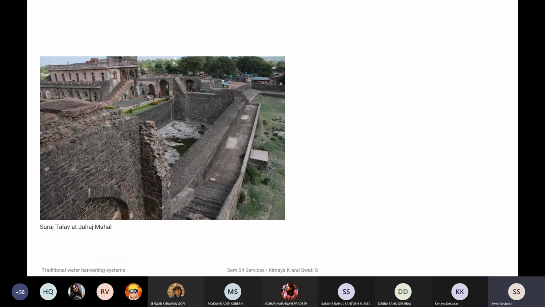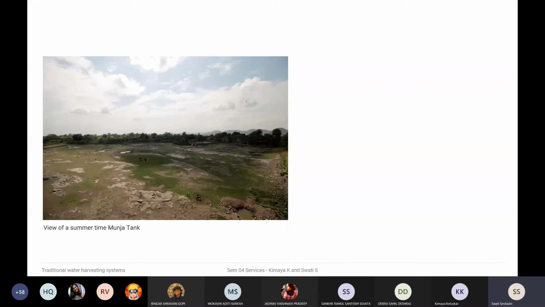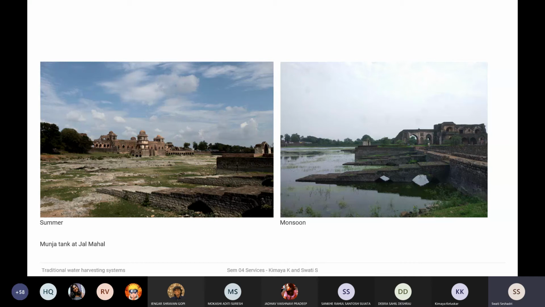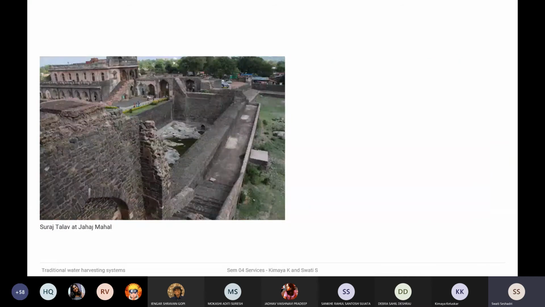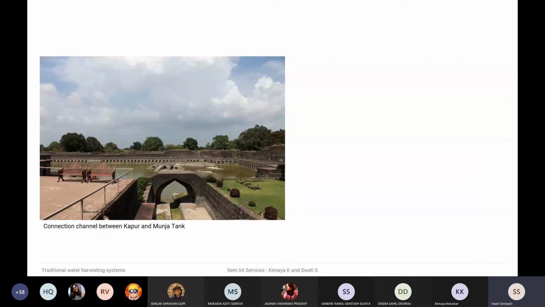If one has to understand, just a second, I'm trying to see if there's a better image. Basically, to explain it, there is a level difference.